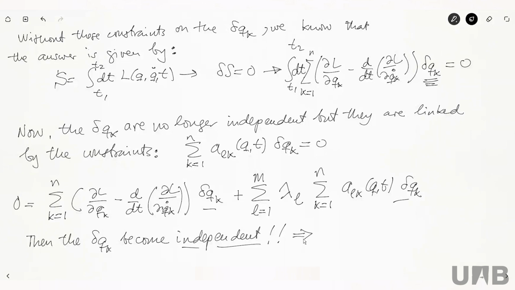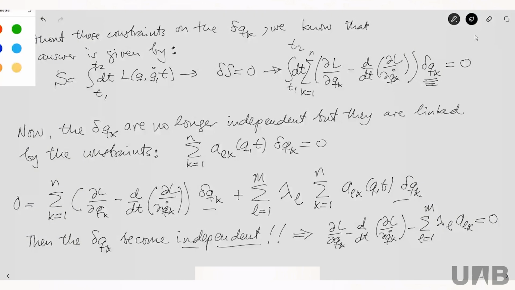And therefore what we find is that dL/dq_k minus d/dt of dL/dq dot k, plus the sum over l from 1 to m of lambda_l a_lk, this has to be 0. This is the solution.